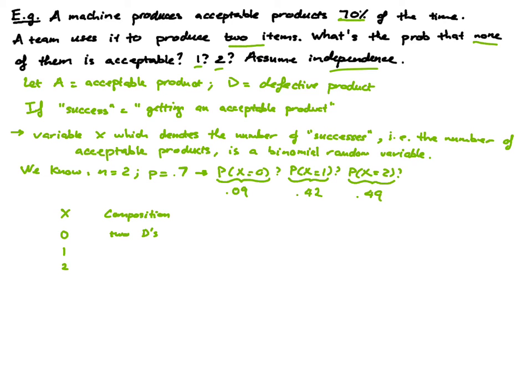When x is equal to 1, we have 1A and 1D. And then when x is equal to 2, we have 2A's. And then let's fill in the probability. So this is 0.09, 0.42, and then 0.49. So nothing fancy here. I just literally put the information from the line above into a table.